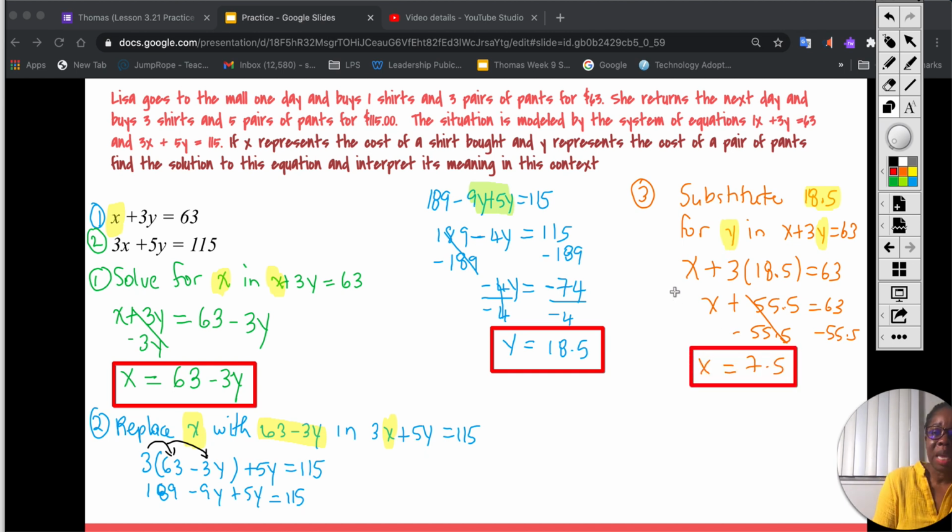So what does that mean in this case? If we go back to the question, we said that x represents the cost of a shirt, and y represents the cost of a pair of pants. So in this context, in this situation, let's write this down.